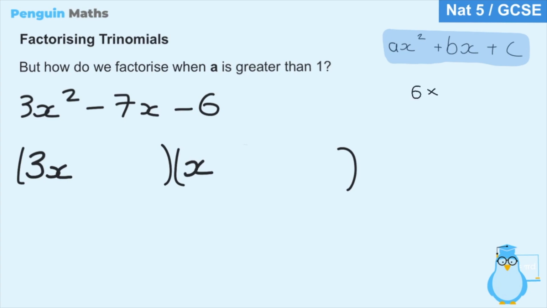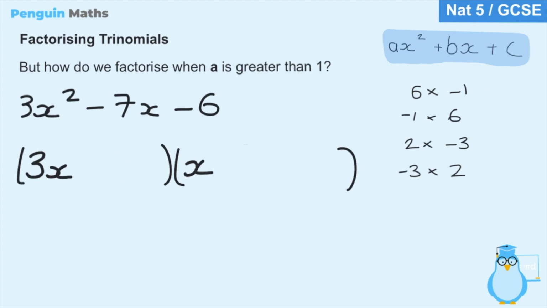So we could have 6 and minus 1, we could have minus 1 and 6, we could have 2 and minus 3, and minus 3 and 2. And alongside the signs that we have to be careful for, we also have to be careful where we put these numbers in the brackets, because let's say it was 6 and minus 1 for example.